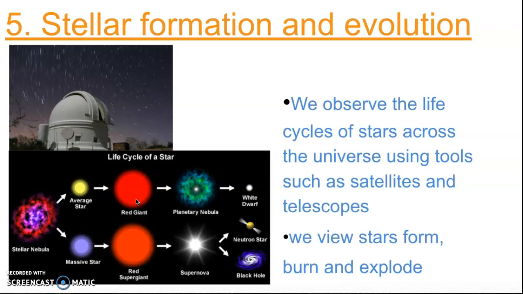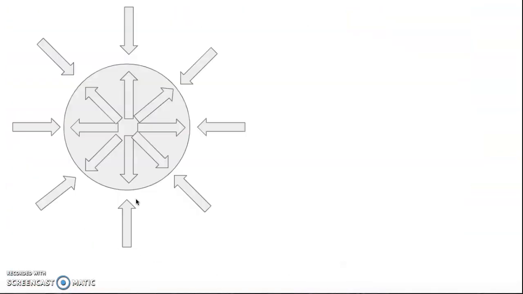And then it's going to suddenly run out of energy. When it reaches element number 26, when it fuses its last element number 25, I don't know off the top of my head, into 26, the pressure outward stops giving off energy.